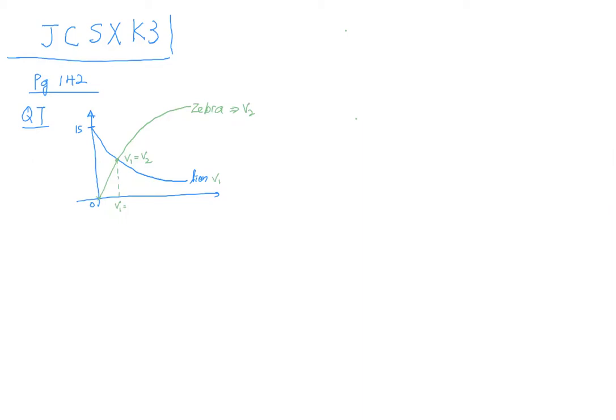The part E. Have you thought of the answer? If you look at the graph, what can you say about the speed of the lion as time passes? As time passes, what happened to the speed of the lion?